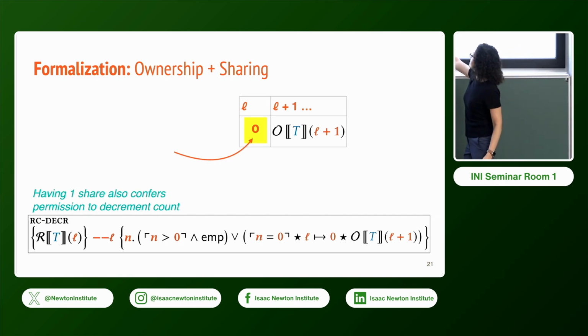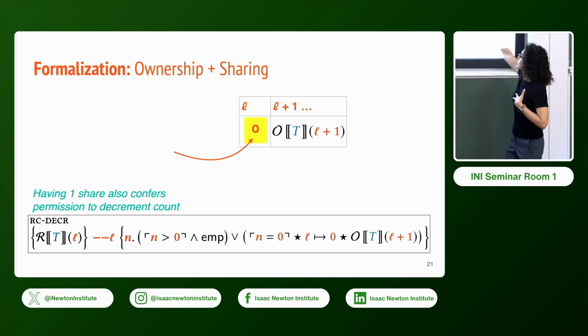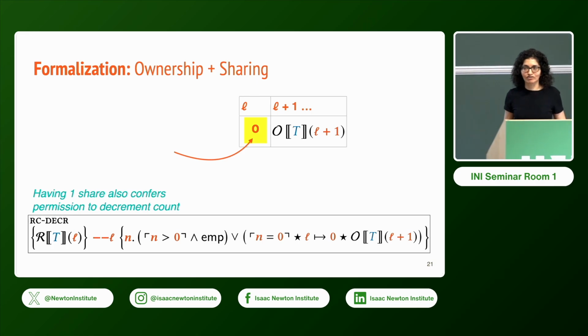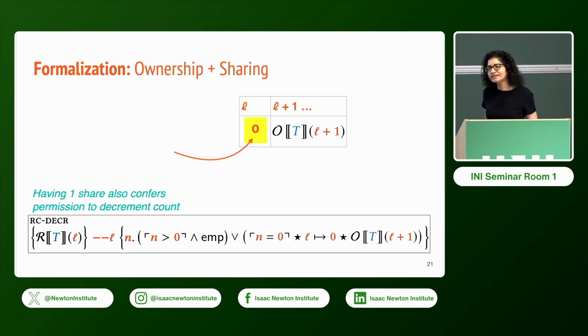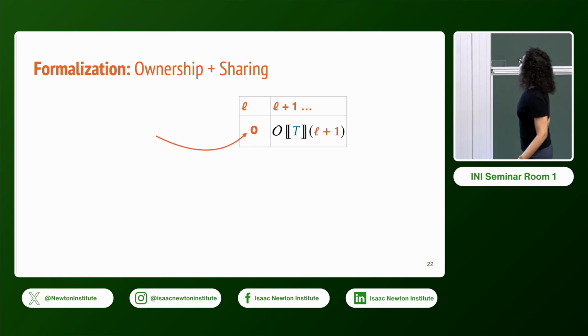In that case, n is now 0, and I get back ownership of both the location that is storing the reference count and the actual object payload. Right? So these are very simple, this is separation logic stuff, but how we get into the details of specifying an ABI is the critical bit here.